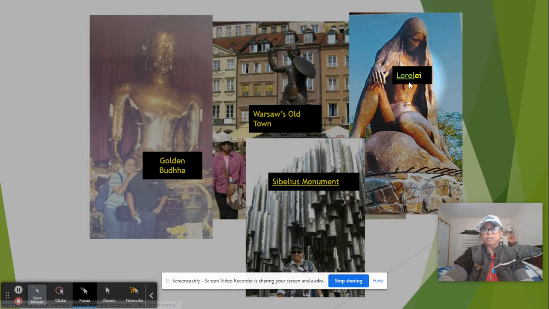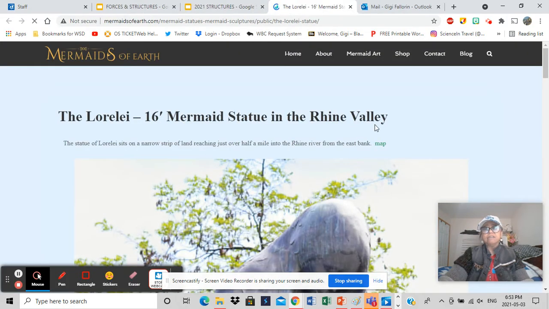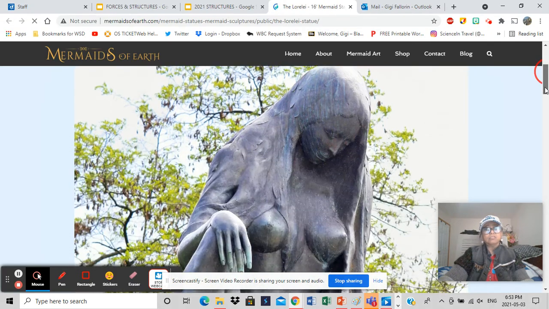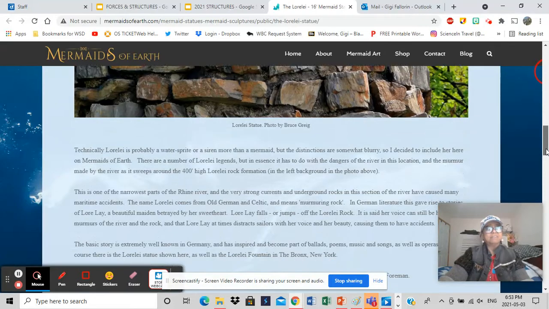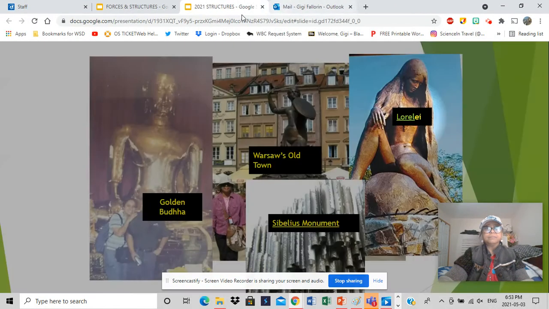And again, in Germany, a very famous statue. If you go on a river cruise, you get to see Lorelei. It's a statue in the Rhine Valley. Sixteen feet, kind of tall, right? So impressive.